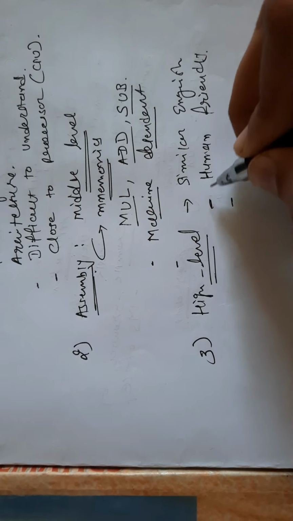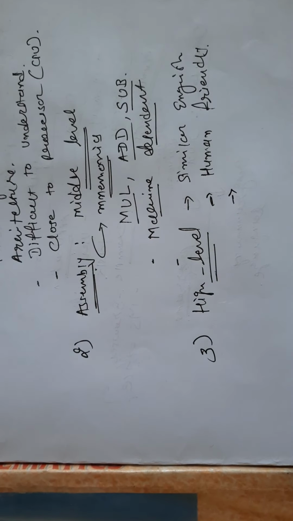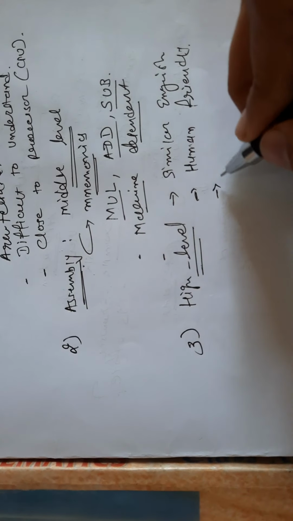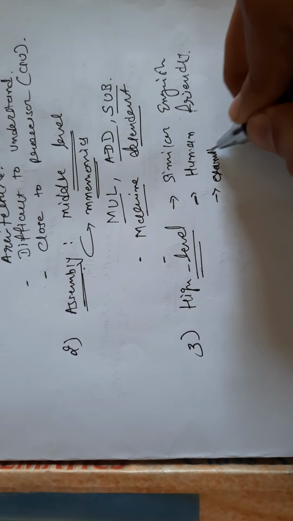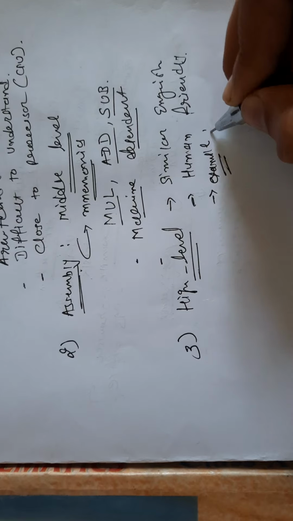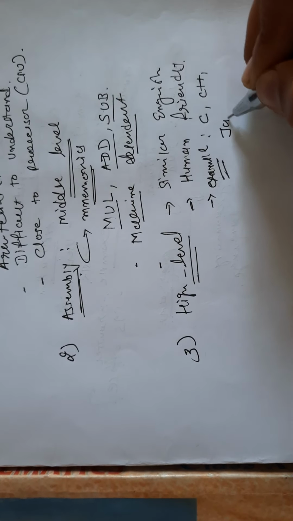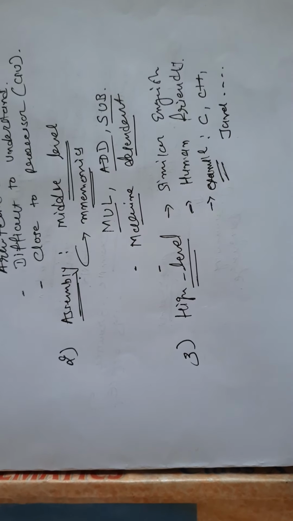We can write programs easily. The examples of high level languages are C, C++, Java, etc.